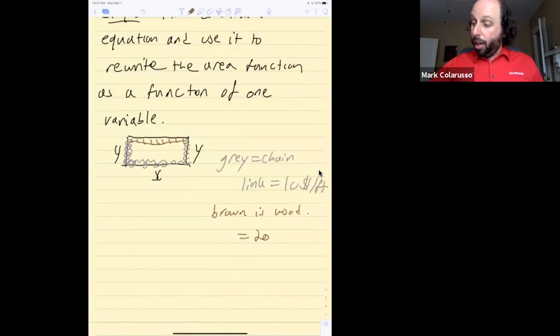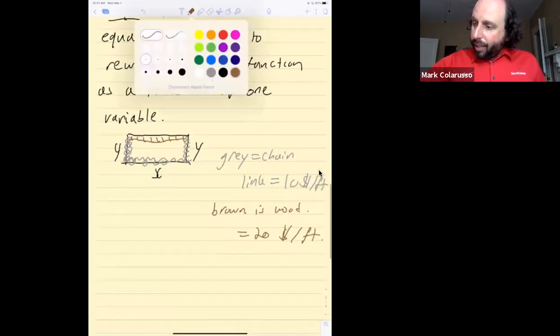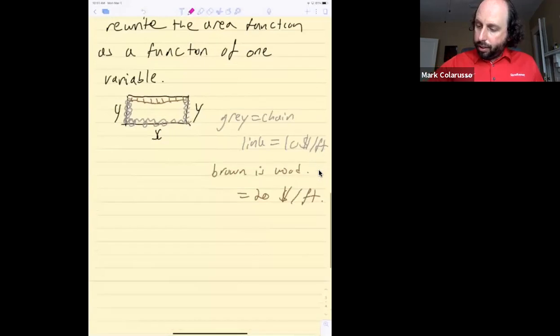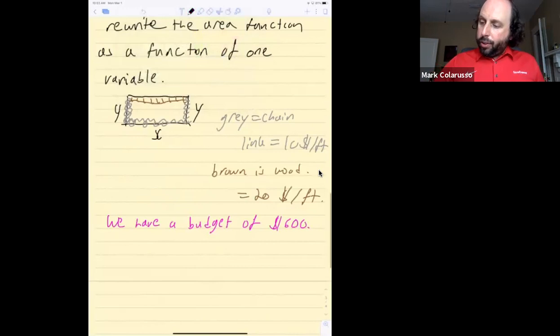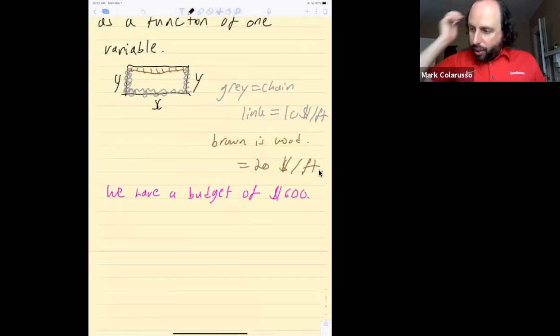Not foot per foot, dollars per foot. And we have a budget of $600.